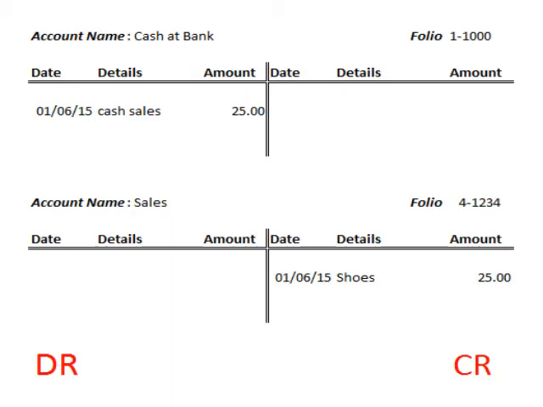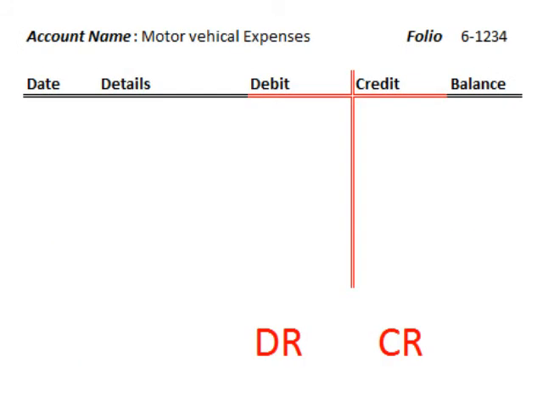Unfortunately, when we went into computerization, computers didn't like the look of this at all. So we have changed the layout slightly of these ledger accounts. For computerization, a ledger account still has that same sort of T as you can see there, but you have the debit and the credit, and now you have a balance column.